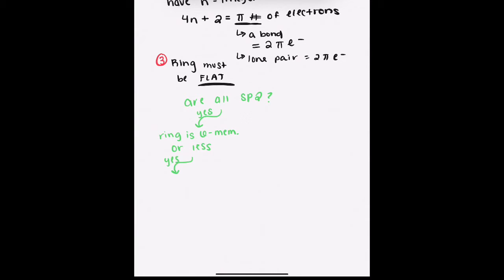If yes, then it is flat. If no, then you have to look for sterics. Before I go there, if these are not all sp2 hybridized, then the ring is not flat.